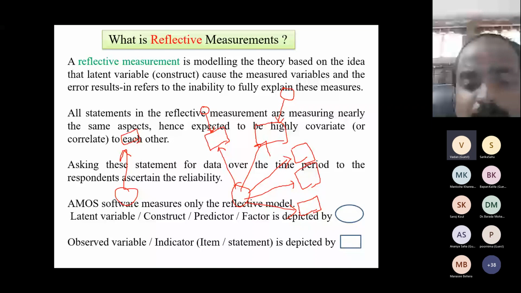All the 5 indicators are expected to be highly correlated in my example of F1, because it is found that all the 5 items of your questionnaire are producing the same or nearly the same result over the time period if you ask the same respondents.